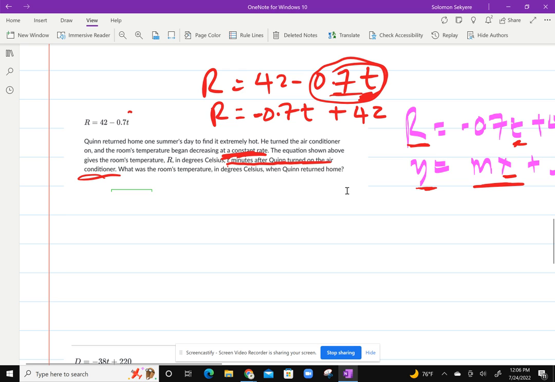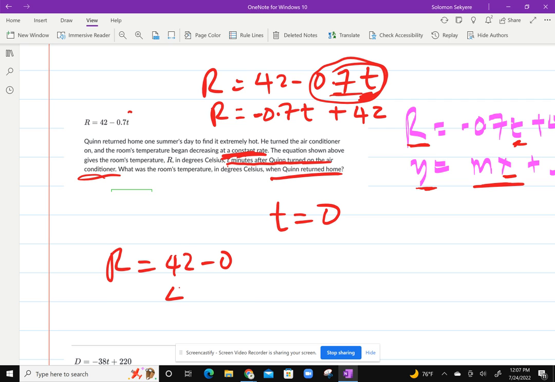Quinn returned home is time t equals 0, just at the beginning. So when you put t equals 0 in there, what do you get? R equals 42 minus 0. So the temperature is 42 degrees Celsius.